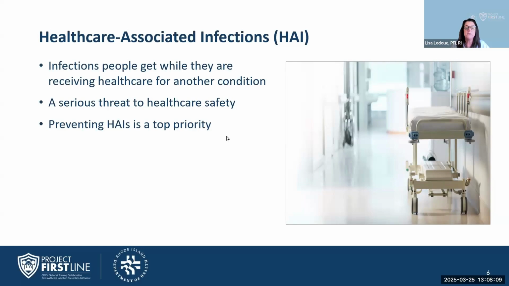And these germs can spread between patients, providers, staff, and visitors through unclean hands, unclean surfaces, or improper use of medical equipment, or reuse of equipment. Some of these germs are even resistant to medications, and they are a serious threat to healthcare safety. According to the CDC, 1 in 31 hospitalized patients will get an infection because of the care that they receive.